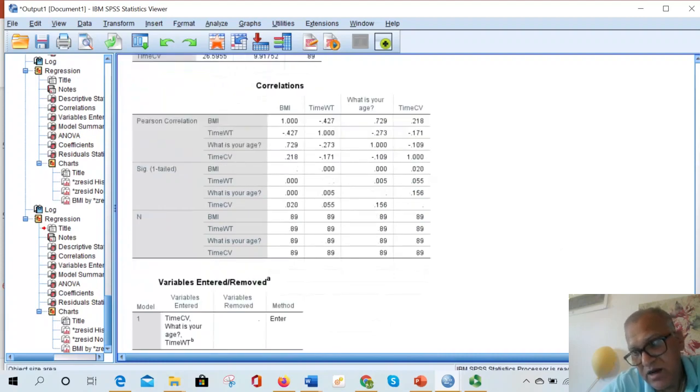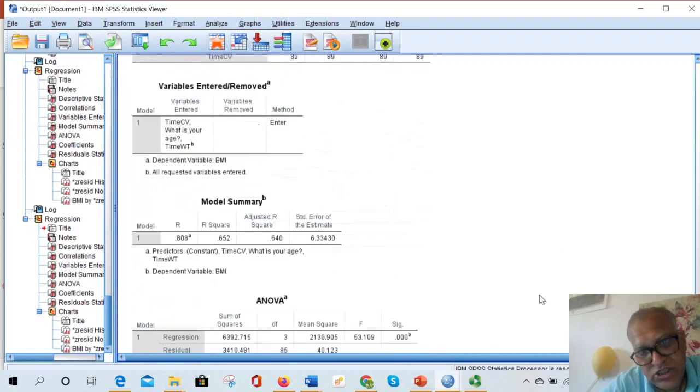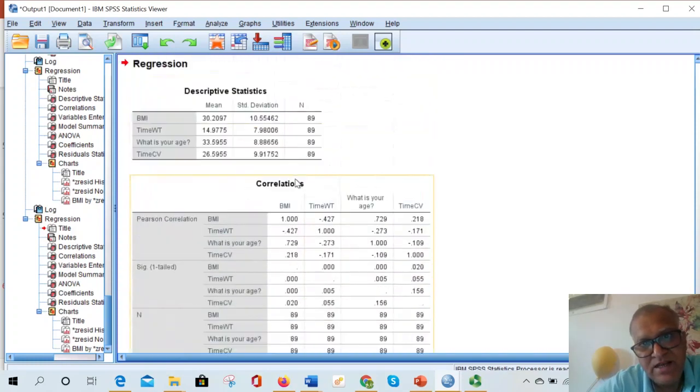And then we have the important tables, the regression tables. So here is our correlation coefficient 0.8, good. Even adjusted R square is 0.64. So now my prediction of BMI is more accurate. I'm able to explain BMI by 3 variables much better than what I do with a single one. Remember, in the single variable model the value was 0.17.